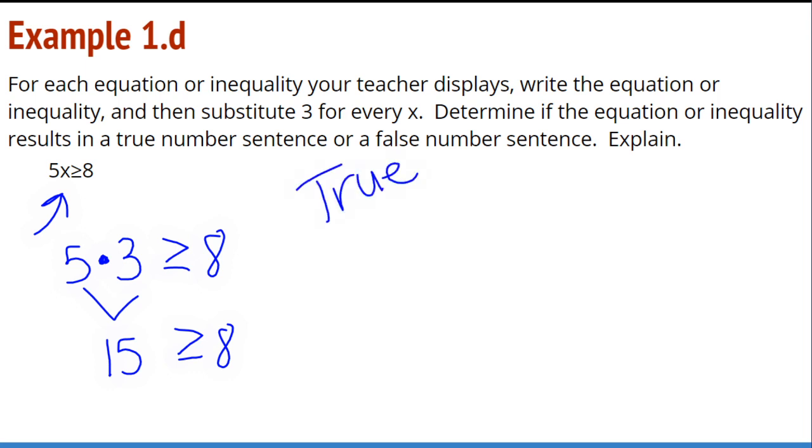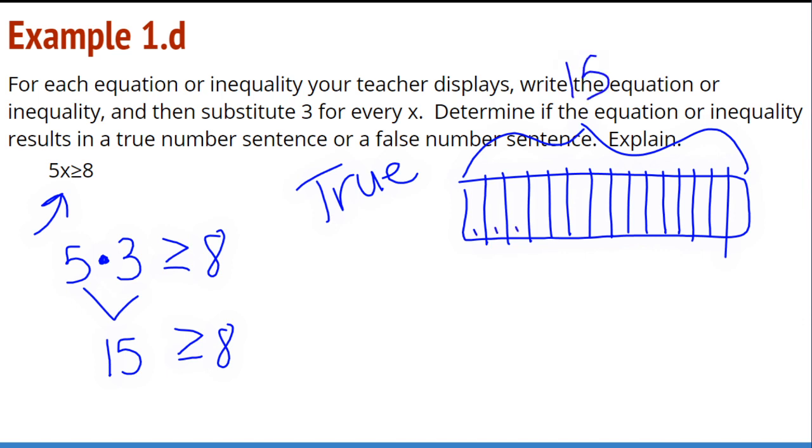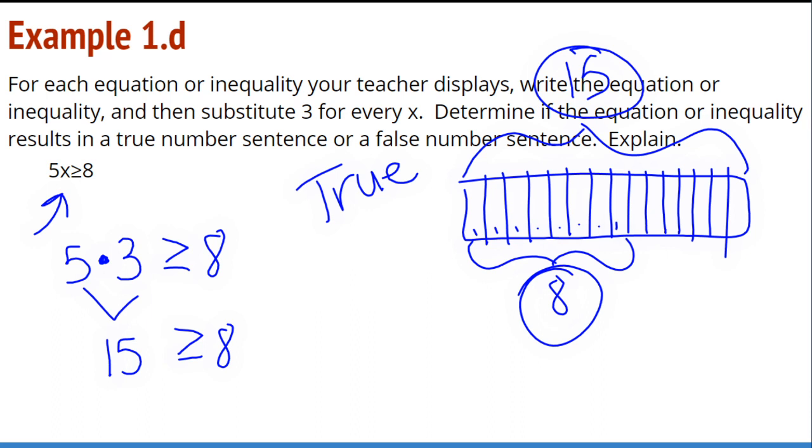We already drew a tape diagram earlier, but here is 15. And if I take a look, 1, 2, 3, 4, 5, 6, 7, 8, there's 8. 15 is greater than the 8. So I'm using the greater part to state that this is true. 15 is greater than 8.